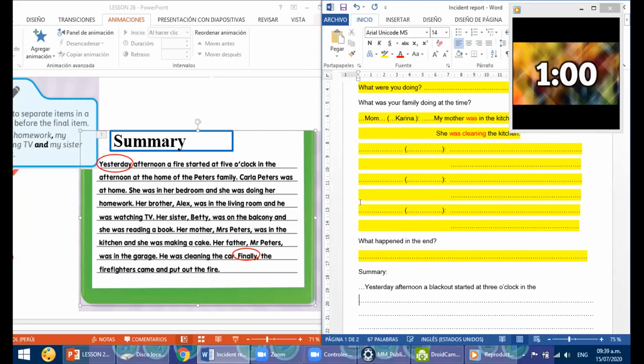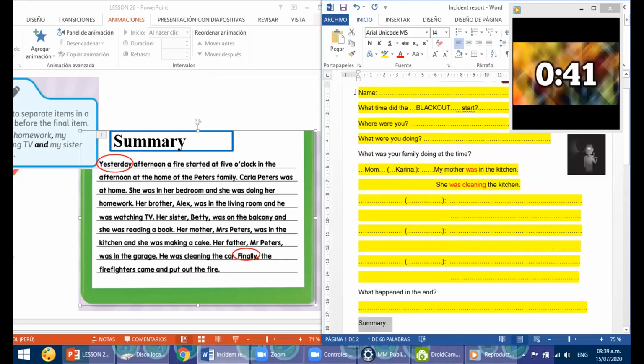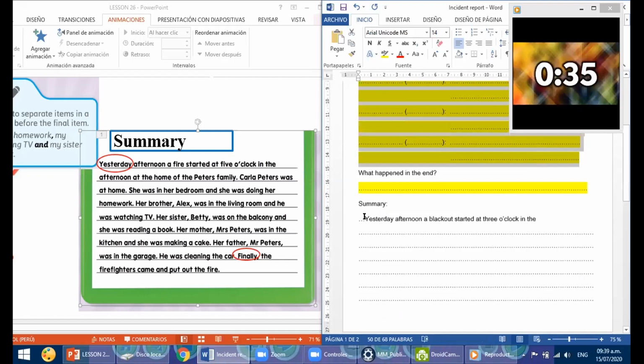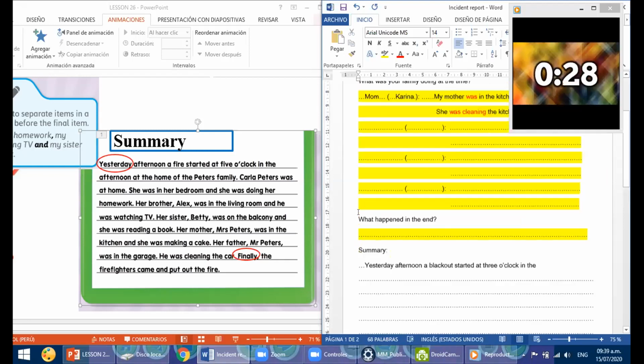Can you repeat, please? Exactly, what do we have to put in the last part, teacher? A summary. Summary in Spanish is resumen. But in this case, we are going to use all the information here. We're going to use all the information we wrote above to write a paragraph. We won't write the information separately anymore; we'll join it all together in a paragraph.